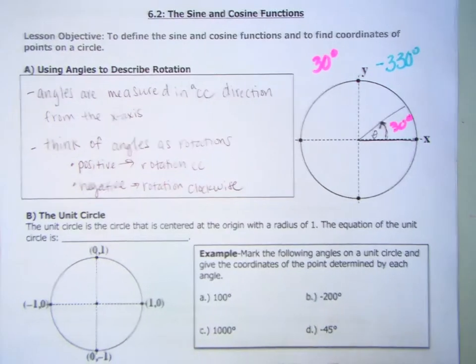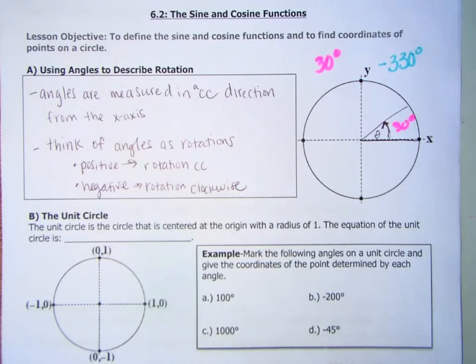So if we have an angle of negative 330 degrees, first of all, from that x-axis, which way am I rotating? Clockwise. Do you know where this ends up? It's called the terminal side of the angle.